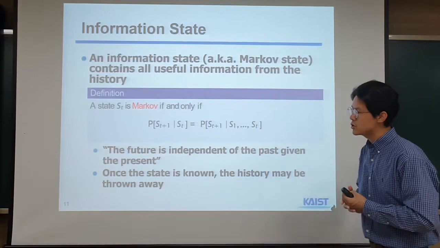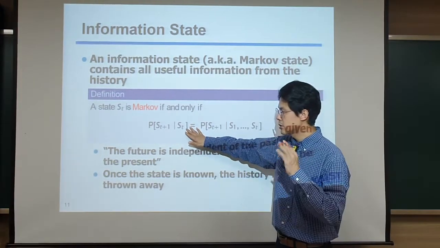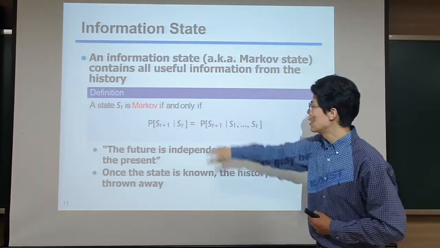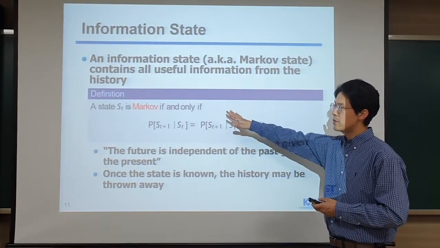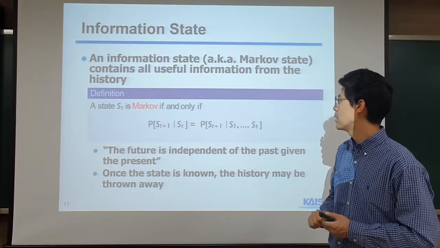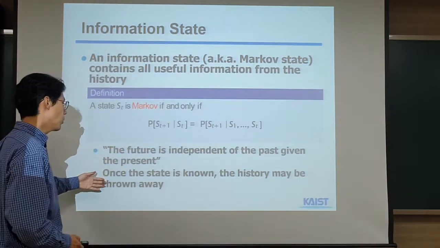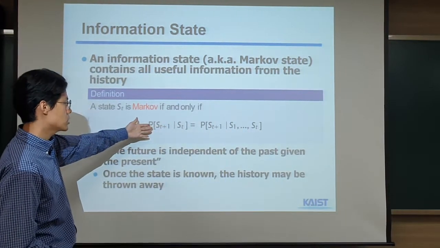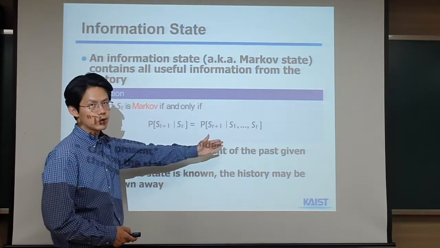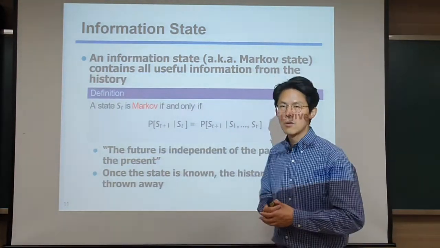It means that the future is independent of all the past, given the present state, right? When we have this equality, we say that this is the Markov property, and in a lot of cases we assume the Markov property, the Markov state. Once the current state is known, we can throw away all the prior history. This simplifies a lot of our overall process.